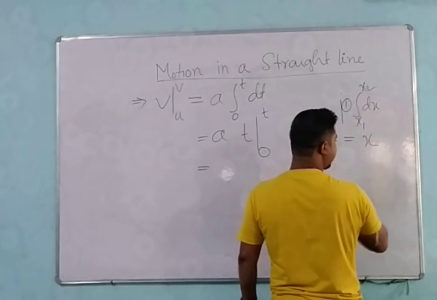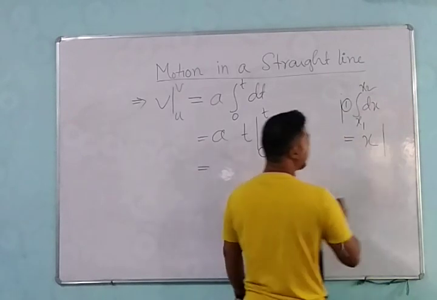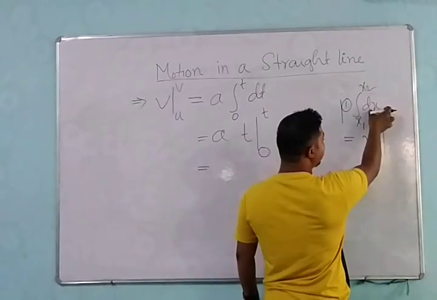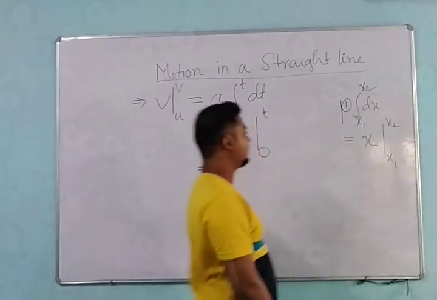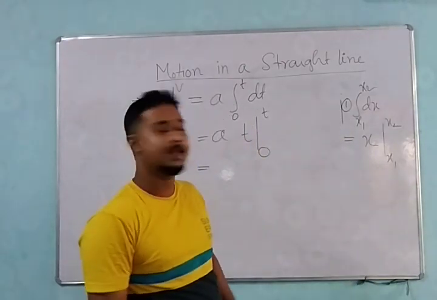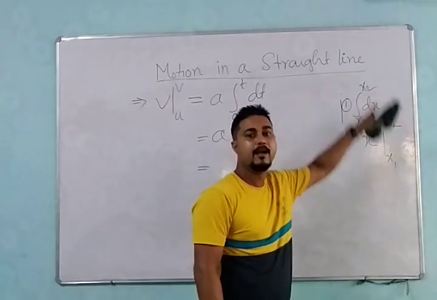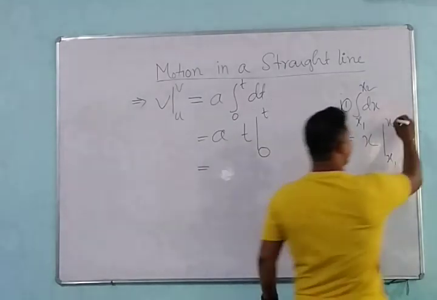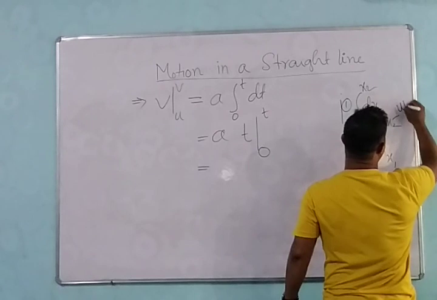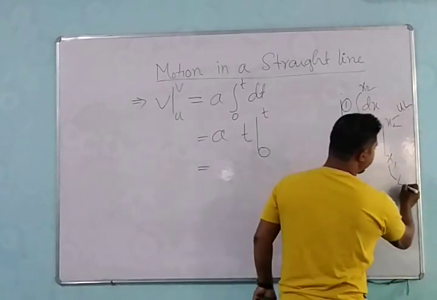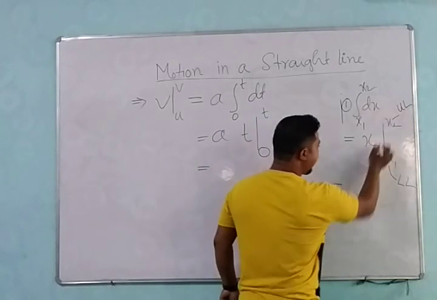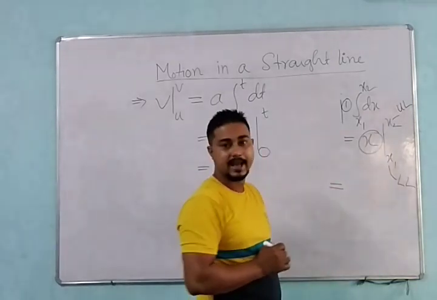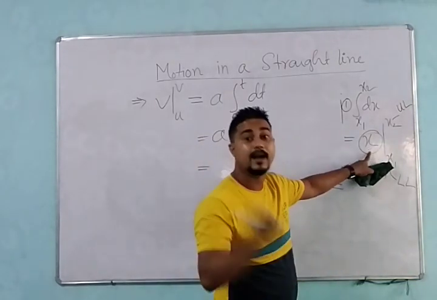Here x has the limit from x1 to x2, with an upper limit and a lower limit.